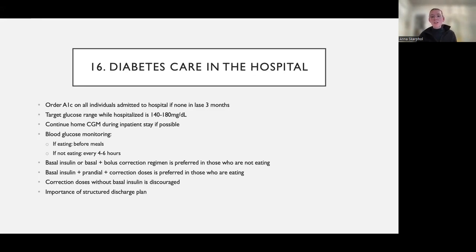Sometimes patients come in and their diabetes regimen is definitely a mess. They don't know when they take any of their medications. They don't know what's going on. So it's important to coordinate care as they transition out of the hospital to make sure they understand their medications and what they need to do on discharge to keep their diabetes under control.